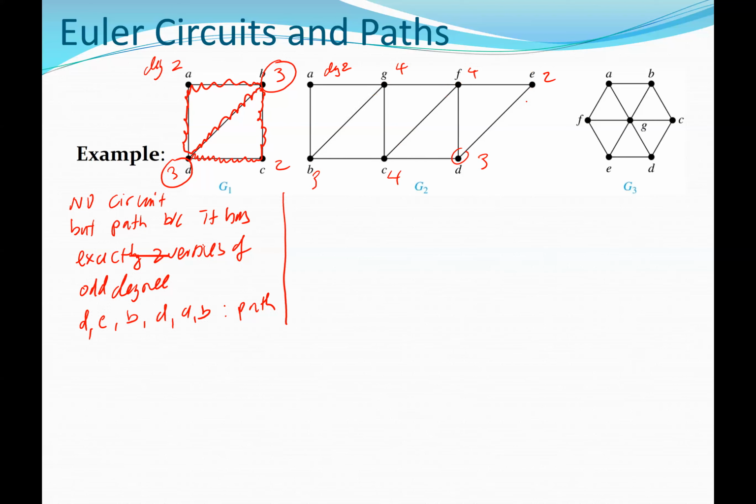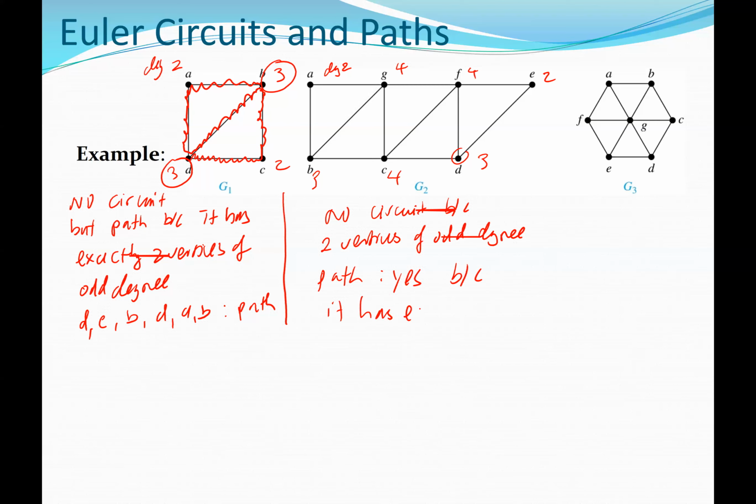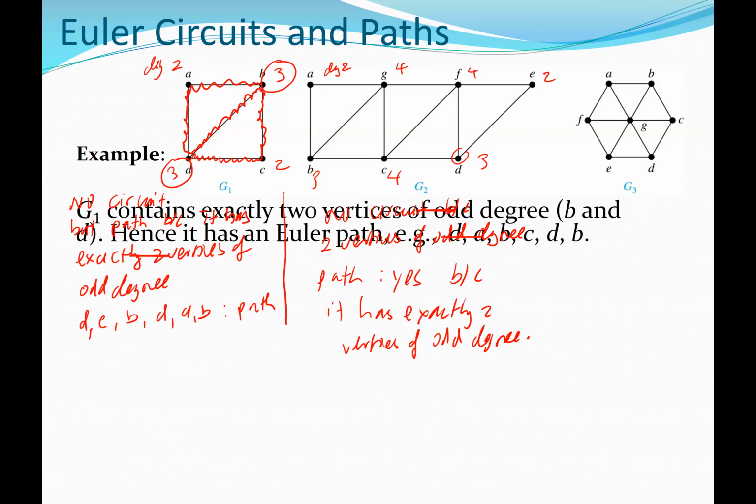So same thing here: no circuit, because we have 2 vertices of odd degree. But yes, we do have a path, because it has exactly 2 vertices of odd degree. So that's the idea.